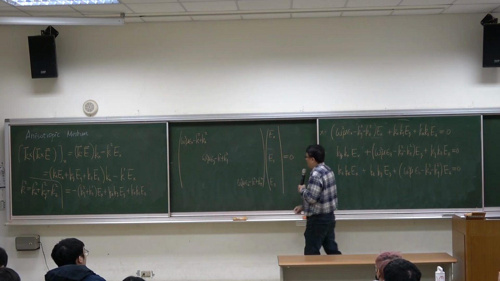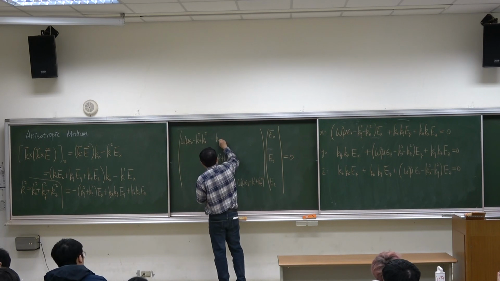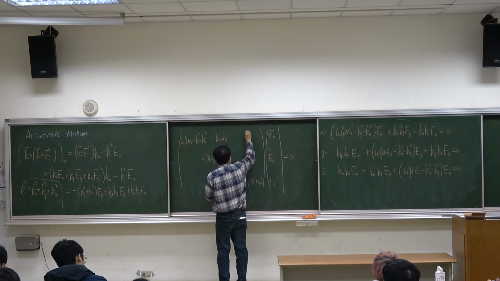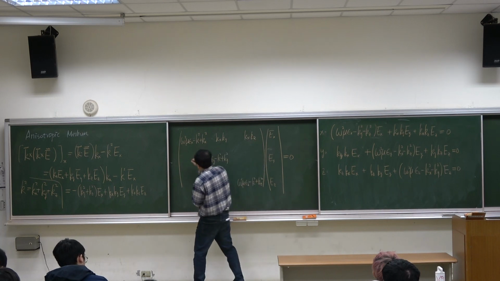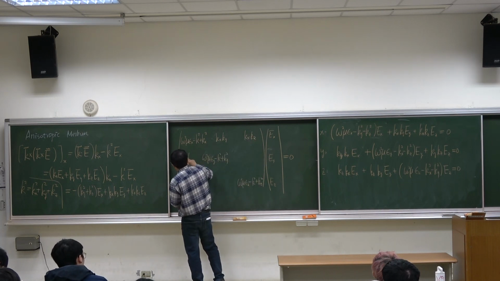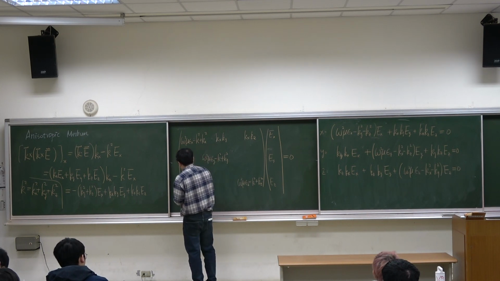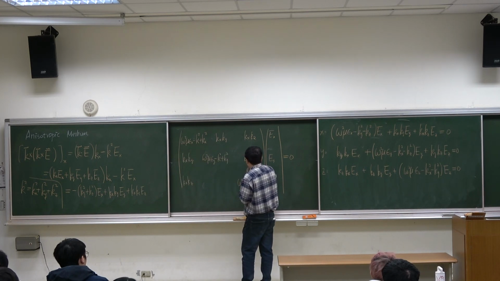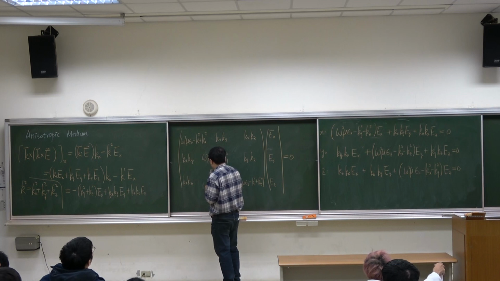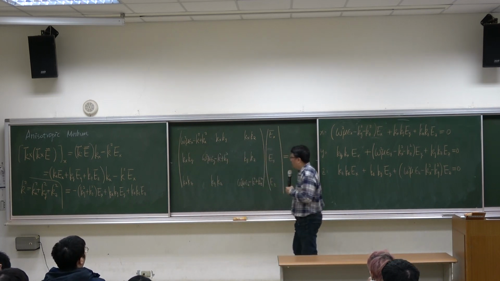Okay, and then we have kx ky, kx kz, ky kx, ky kz, and so on.